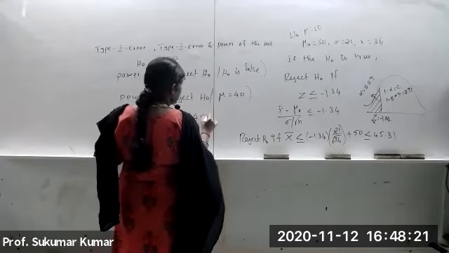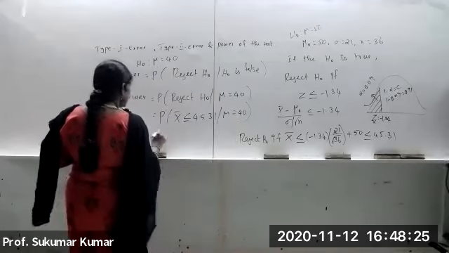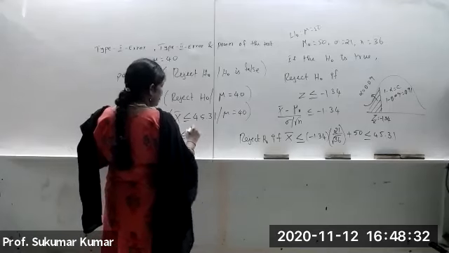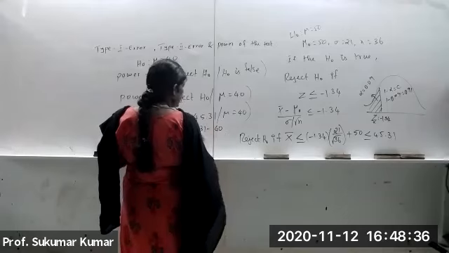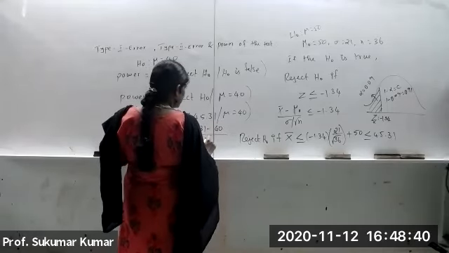So the rejecting region is x bar less than or equal to 45.31 given mu equal to 40. So that is z is less than or equal to (45.31 minus 40) divided by sigma value 21 by root 36. புரியுதா?